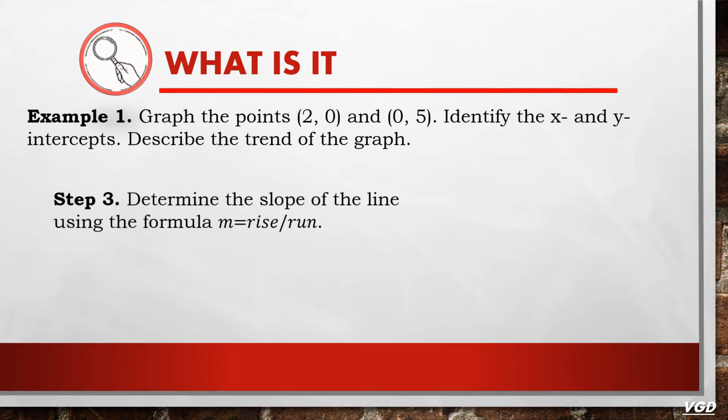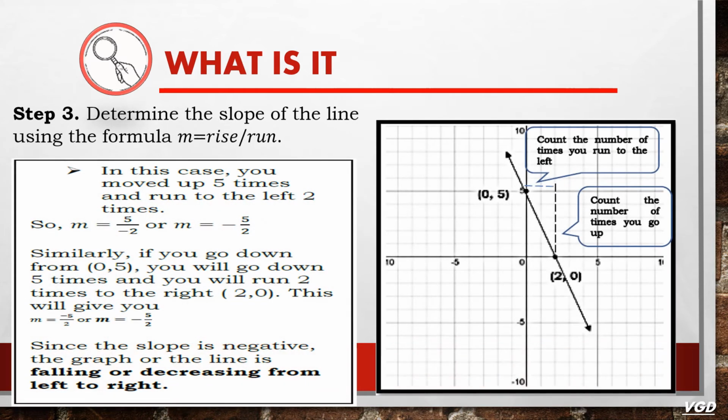So after knowing the x and y intercept, this time we will now be able to determine the slope of the line using the formula m is equal to rise over run. So based on the graph earlier, we were able to plot the points 0, 5 and 2, 0, right? So in this case, to know the slope, we use the formula m is equal to rise over run.